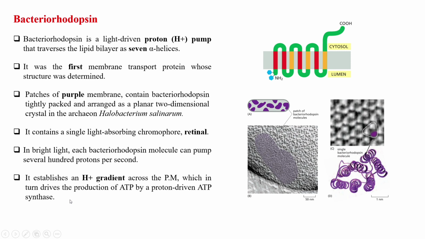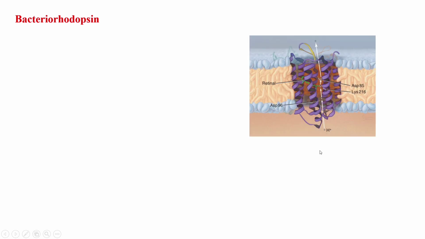So what is happening here is that bacteriorhodopsin converts the solar energy into an H plus gradient, and then this protein utilizes the H plus gradient to make ATP. Now this is the series of transfer of hydrogen or protons from inside to the outside of the archaebacteria.